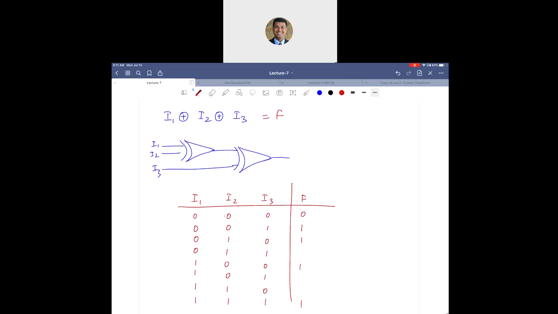Everything will be 0. As you can see, output is 1 here, here, here, and here.